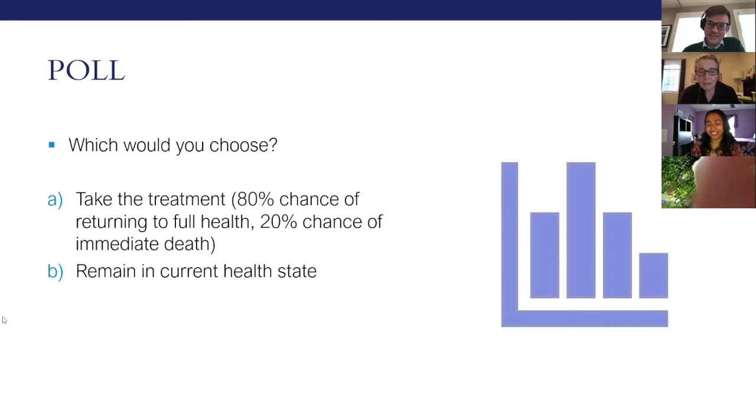Okay, pretty split. Interesting. So the idea is you would adjust those probabilities for a patient until you found where their point of indifference is.